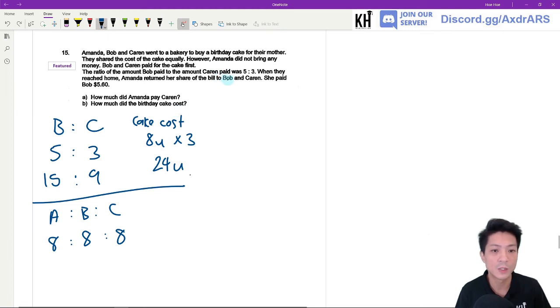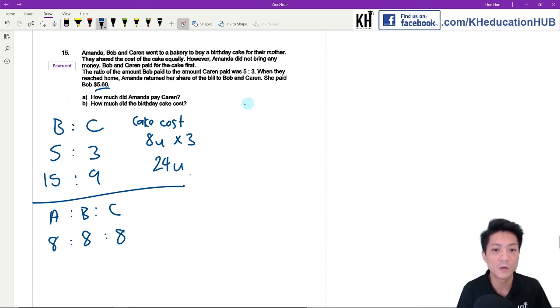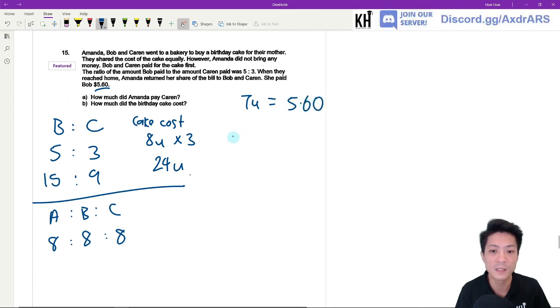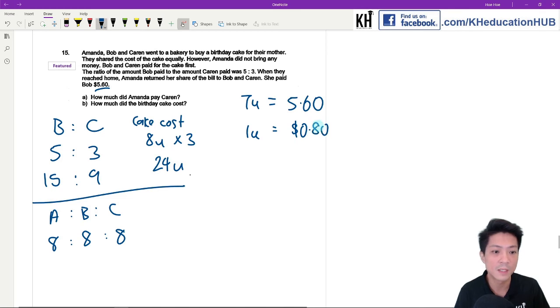She paid Bob $5.60, and you can see that Bob paid 7 more units, which means that 7 units is equal to $5.60. 1 unit will be equal to 80 cents. Karen paid 1 more unit, which is the answer for part A.